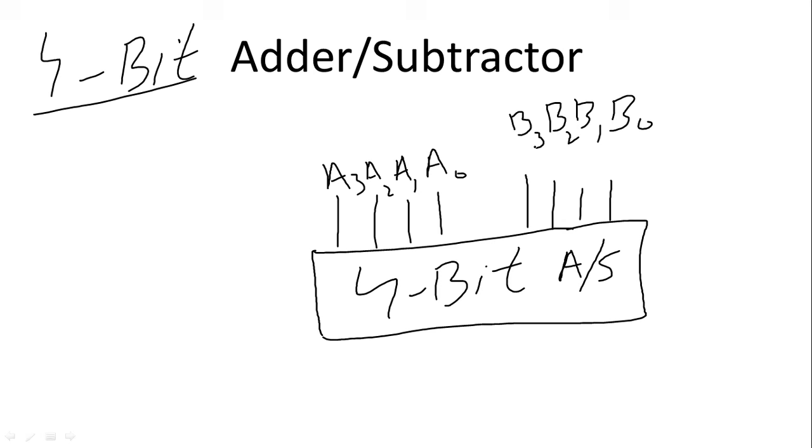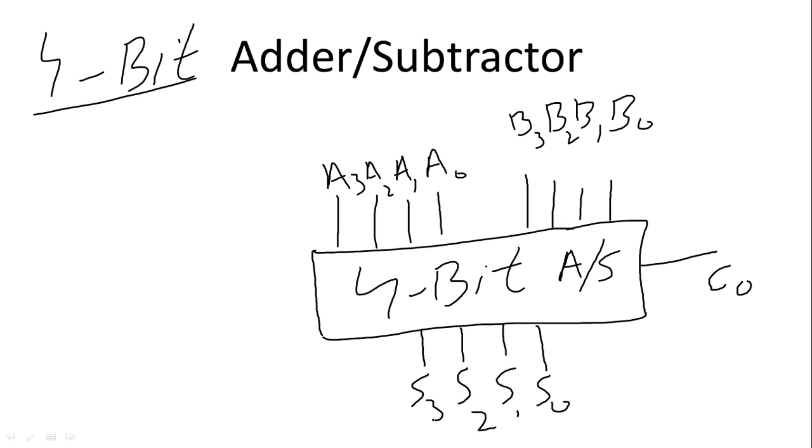Here we also have C0, meaning carry for the first or least significant bits for addition, and the sums would be S0, S1, S2 and S3. And here is C out, or C4 in this case. So let me write C4.